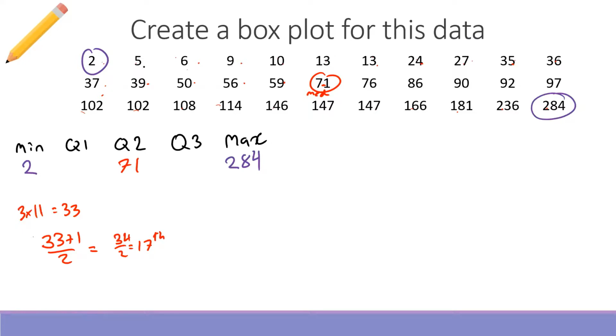So we've got 1, 2, 3, 4, 5, 6, 7, 8, 9, 10, 11, 12, 13, 14, 15, 16. We've got 16 numbers. So 16 plus 1 equals 17. 17 divided by 2.